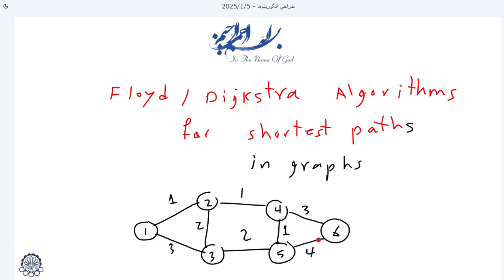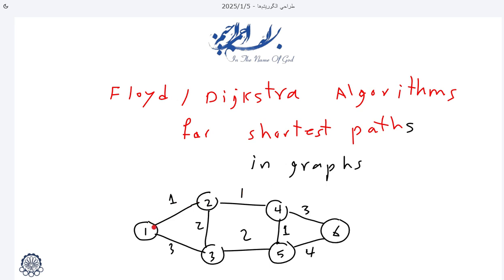In this path, we have a weight 3 for edge 1, 3, a weight 2 for edge 3, 5, and for edge 5, 6, we have 4. So 3 plus 2 plus 4 becomes 9. The weight of this path is 9 because the sum of the weights of the edges in this path is equal to 9.